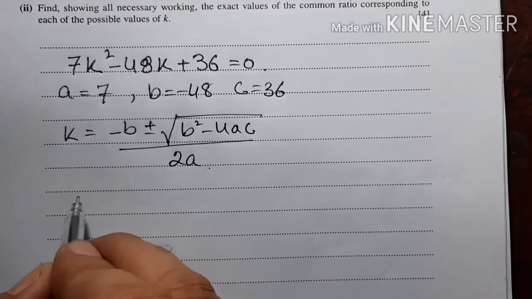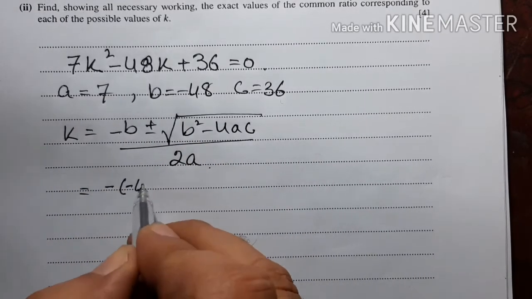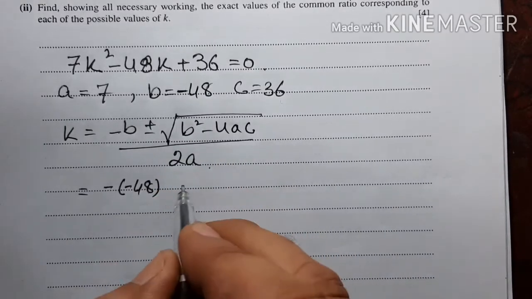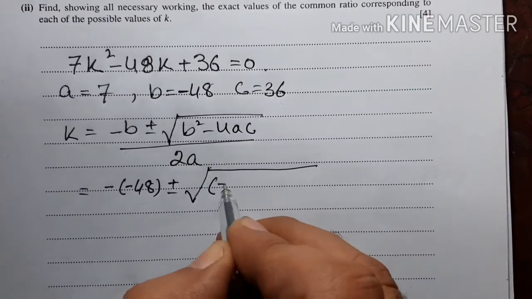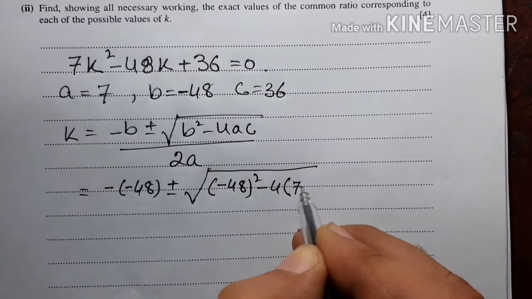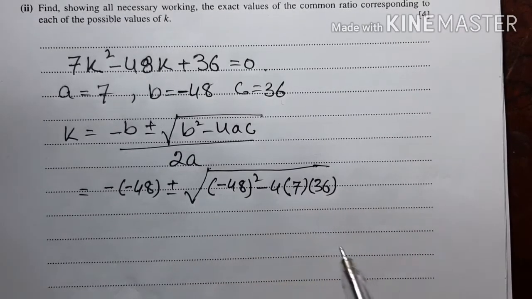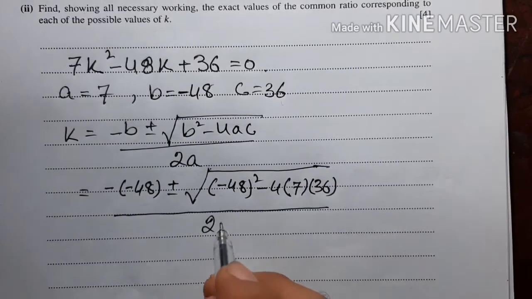So just put in the values. Minus B means minus into minus 48, because B's value also has a minus. Plus minus the square root of minus 48 square minus 4 into 7 into 36, because A is 7, C is 36, over 2 into 7.